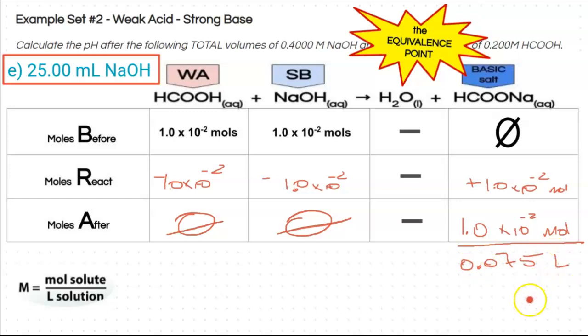So when I calculate that value, the concentration of my conjugate base, HCOO minus, is going to be 0.133 repeating molarity. And that's the only thing that I have in solution.